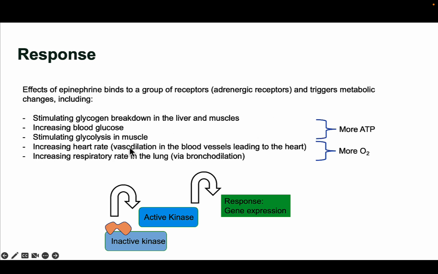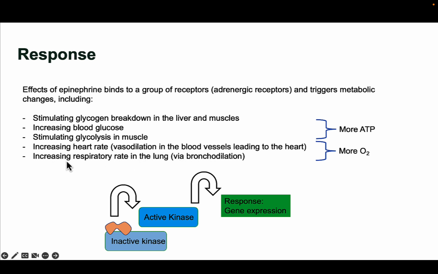In muscle cells, those cells will also start upregulating the enzymes in glycolysis. So those are some of the genes turned on. Again, this all helps make more ATP, more energy, so that you can run away. If epinephrine binds to heart cells, this increases the heart rate, and it causes vasodilation in the blood vessels.